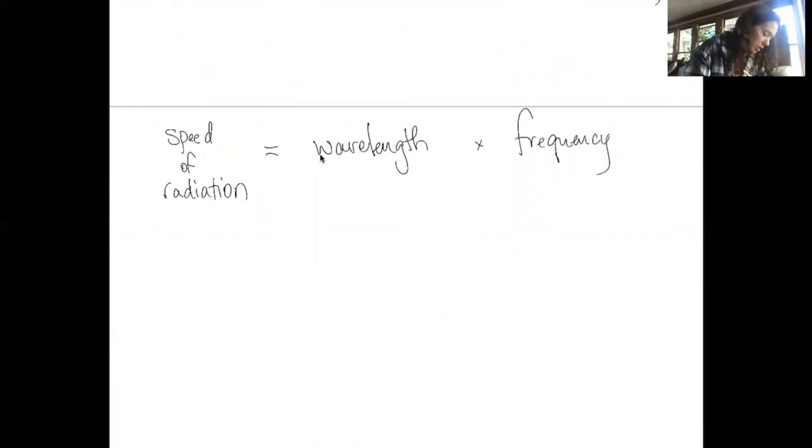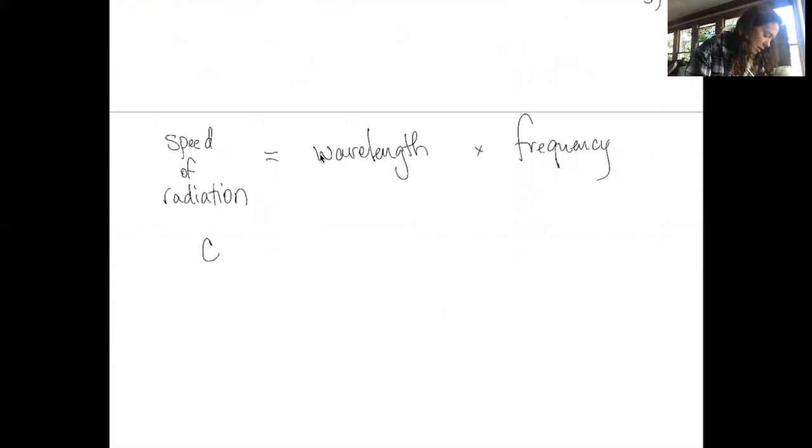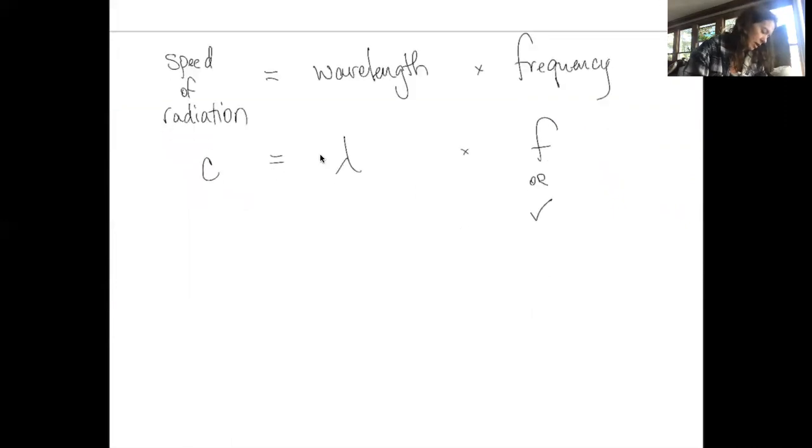All right, let's give these some symbols. This is c equals wavelength times frequency. You see it both ways, both of those being frequency. Okay, so we have speed equals wavelength times frequency.